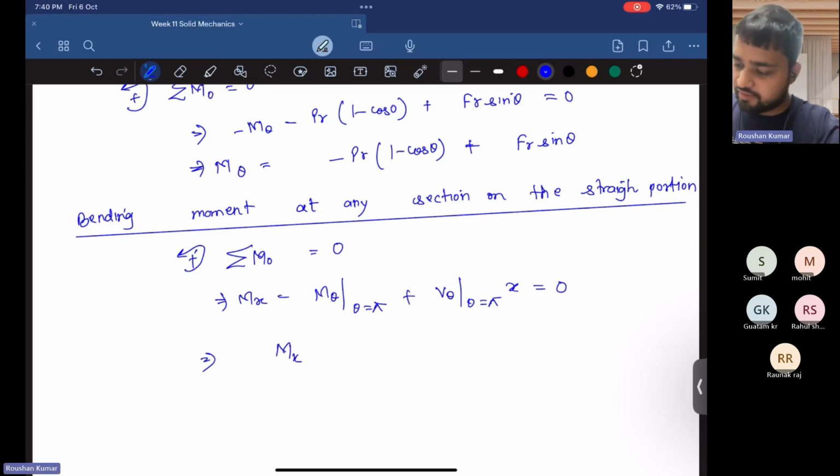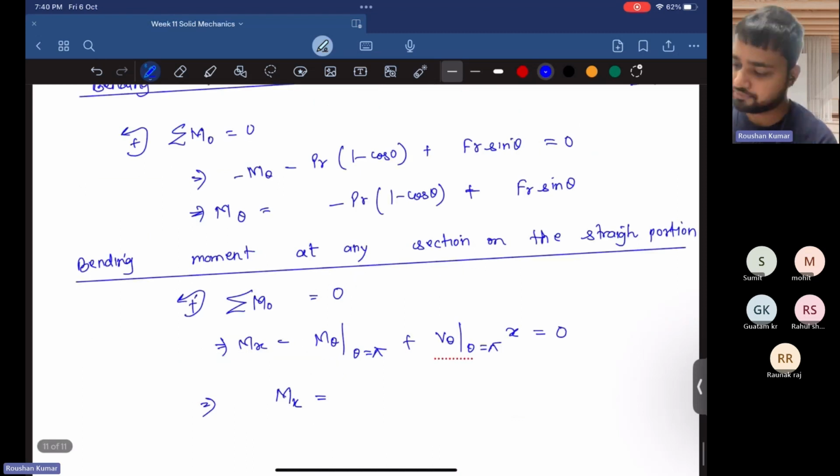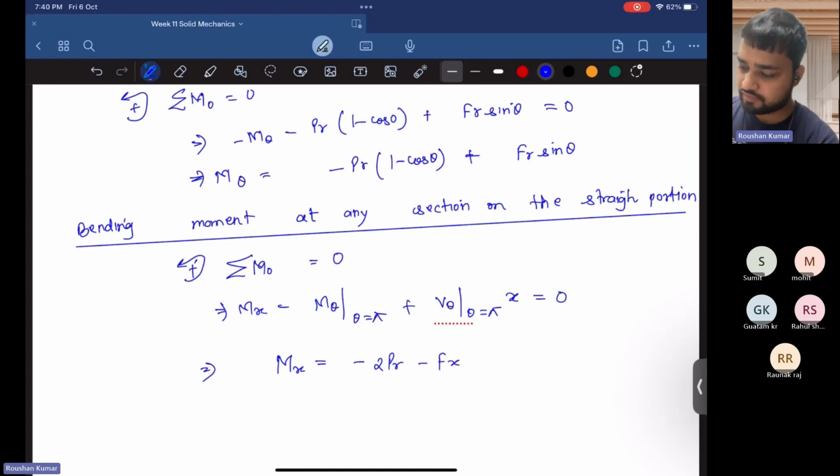Now we have already found the value of M theta in terms of theta, so Mx equals minus 2PR minus Fx.